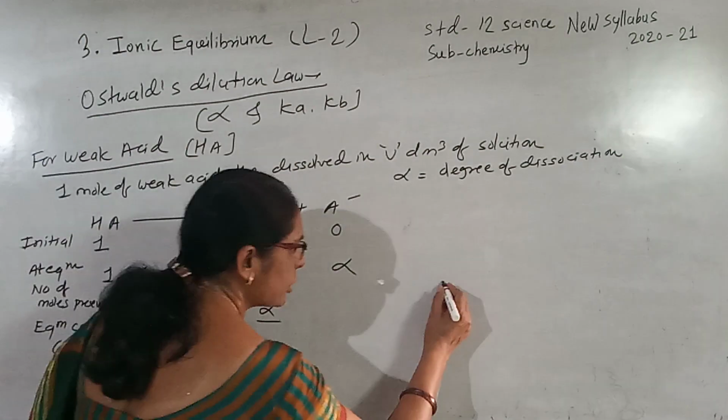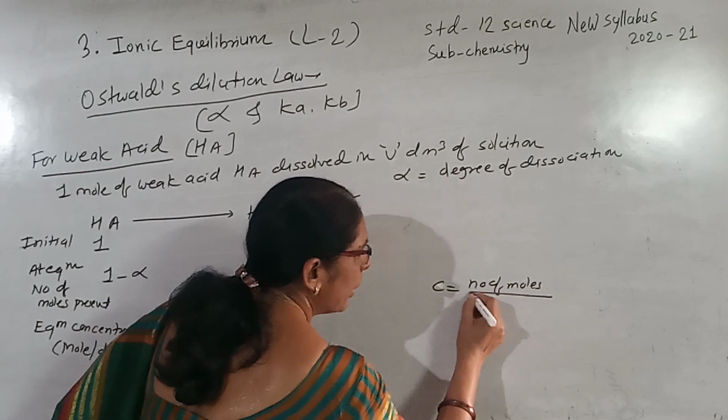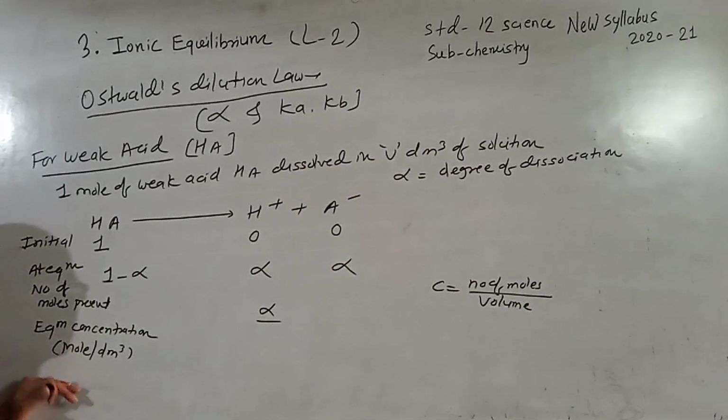We know that concentration is the number of moles divided by volume, and at equilibrium this is called the equilibrium concentration.